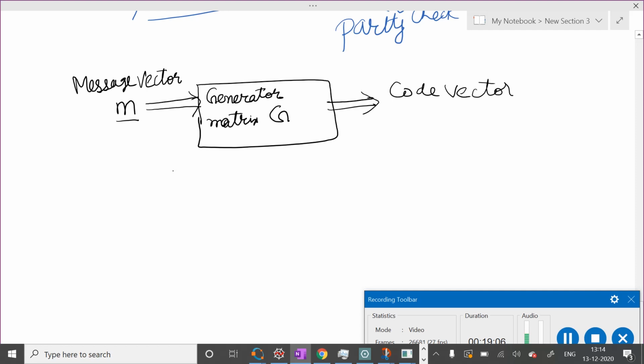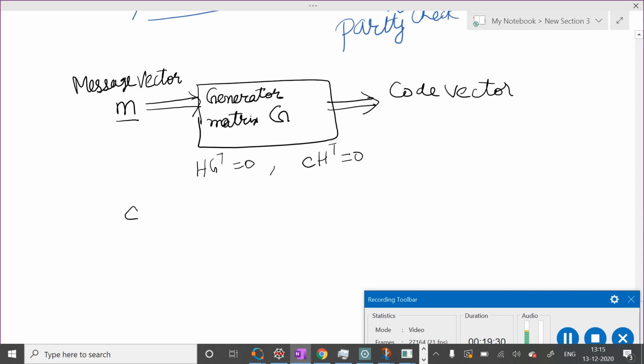You know that we proved this property in the previous video. You just recall about the parity check matrix and generator matrix. That was H G transpose is equal to 0, which immediately gave us C H transpose equals 0, right?